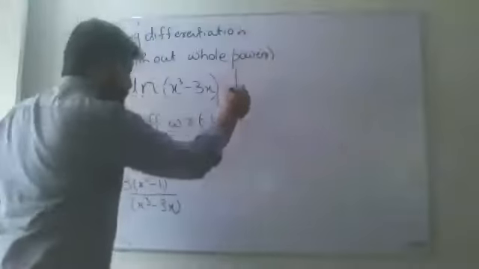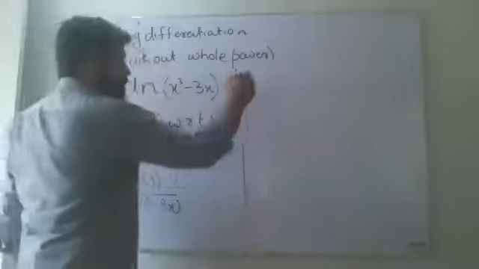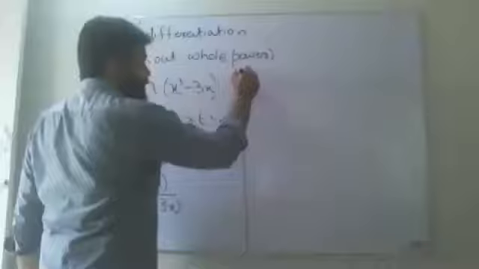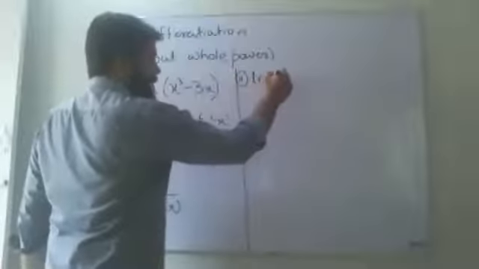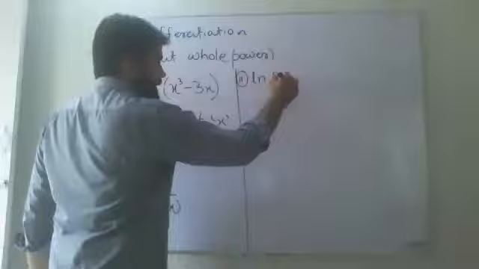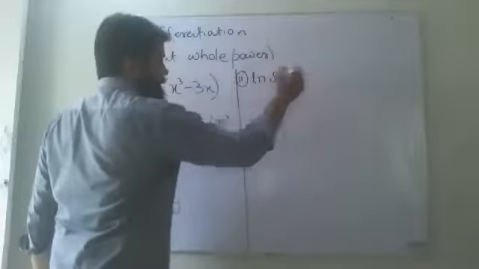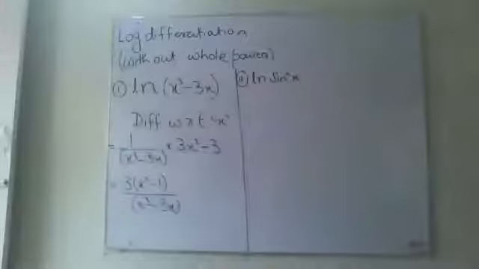Now I'm doing another part of the question, that is ln of sine square x. This is the question in which ln is connected with a trigonometric ratio, and I have to differentiate this one.